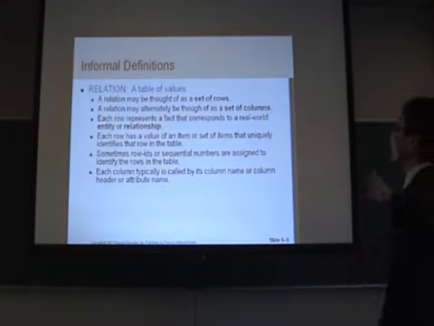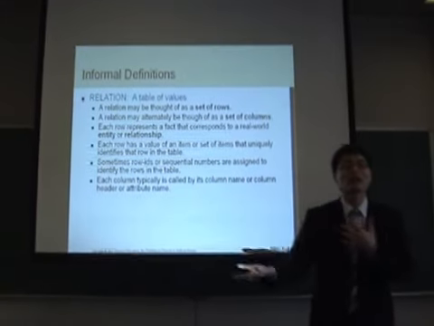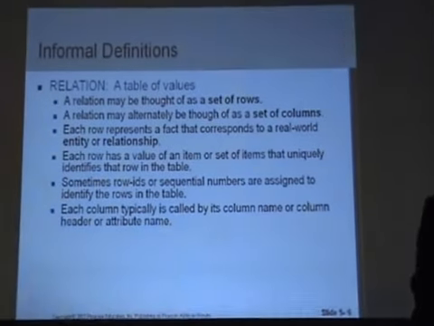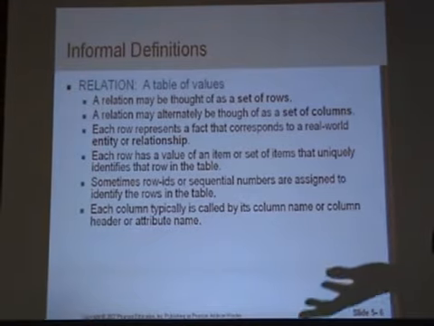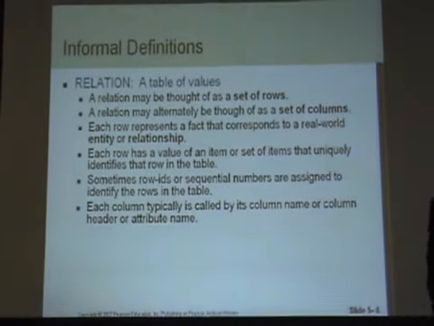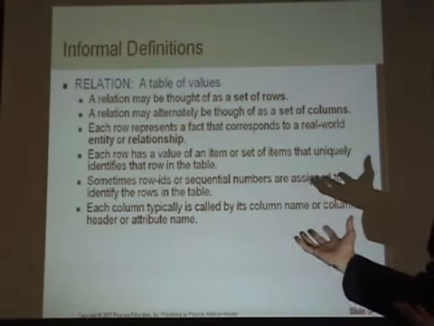In the informal way, the relation is a set of rows, set of data, and a group of columns. Can I explain every definition, every example of the relation worldwide? No, definitely not. But it's easy to understand.